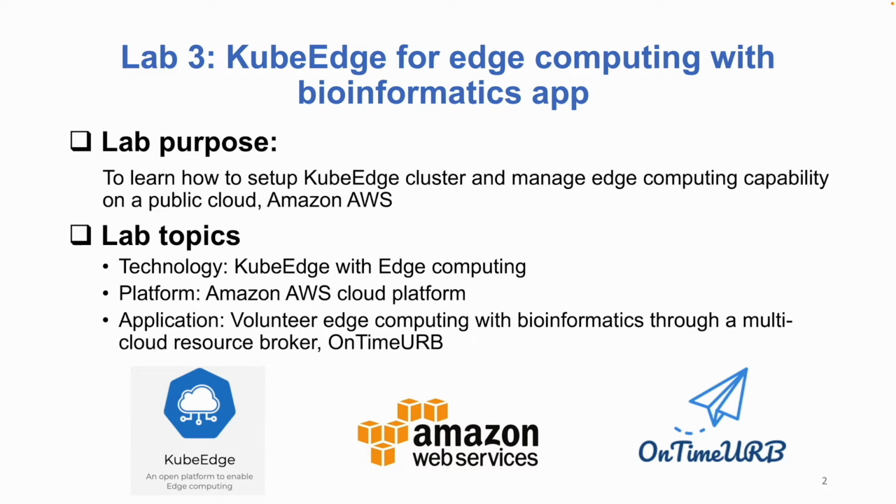The technology that we're going to use is mainly the KubeEdge cluster with edge computing capability. And the platform in this case is the Amazon AWS cloud platform, and on the platform we will create several simple AWS EC2 instances to run the KubeEdge cluster and our use case applications.